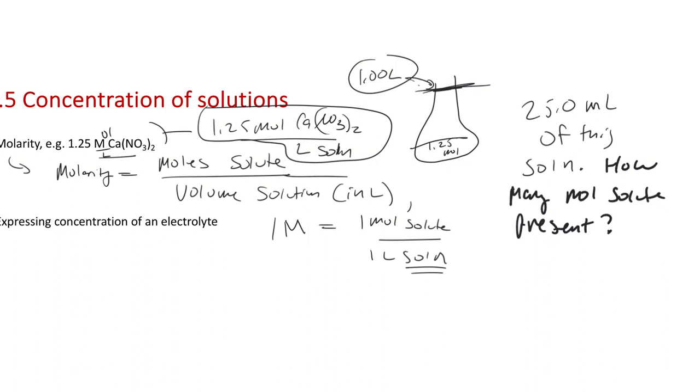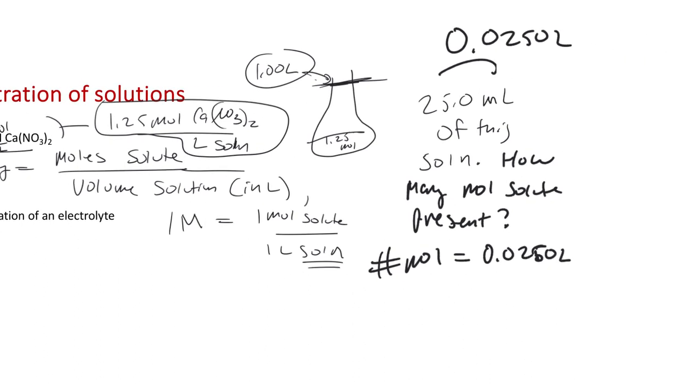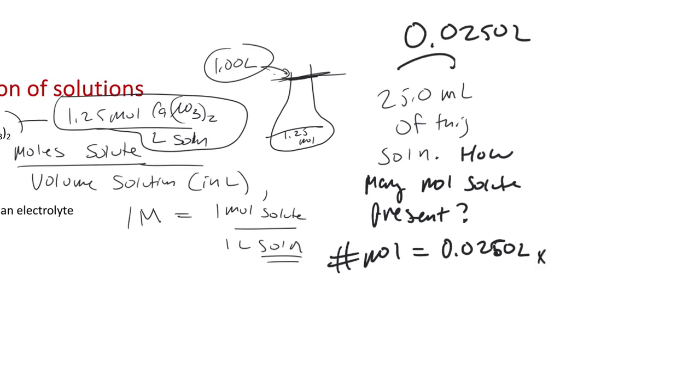So the way this could work is we could just very easily take this as 0.0250 liters, converting it to liters. So our number of moles would equal 0.0250 liters, and then it's 1.25 moles of that solute per liter of that solution.